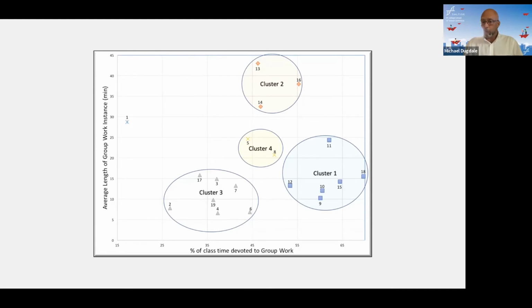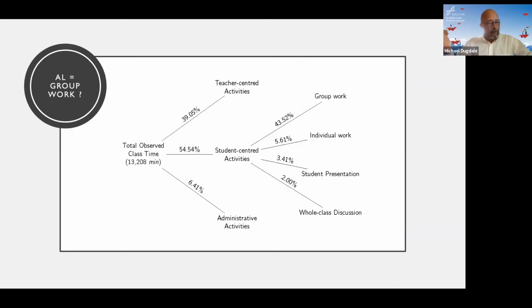Were they short and repeated, or were they basically a long class associated with group work? There are 4 clusters there, and I will describe the 4 of them. But I really just wanted to touch on this somewhat controversial statement.